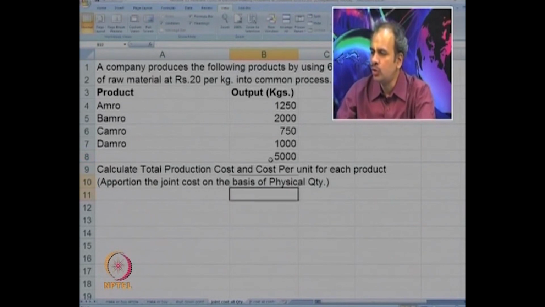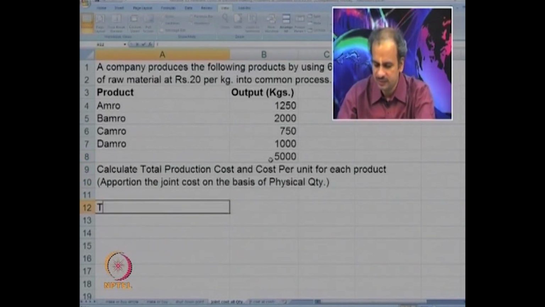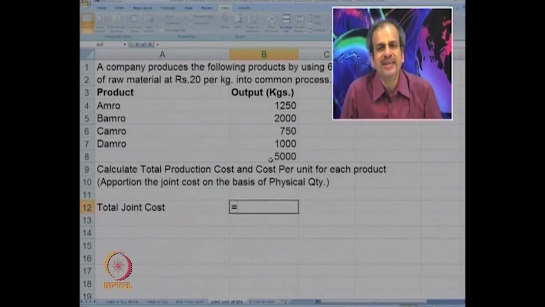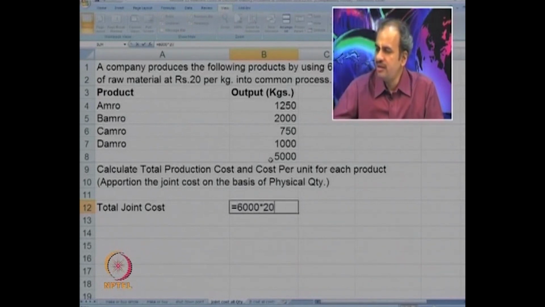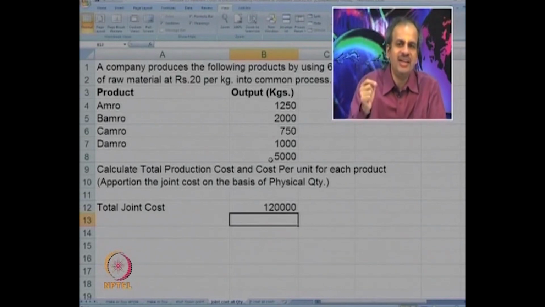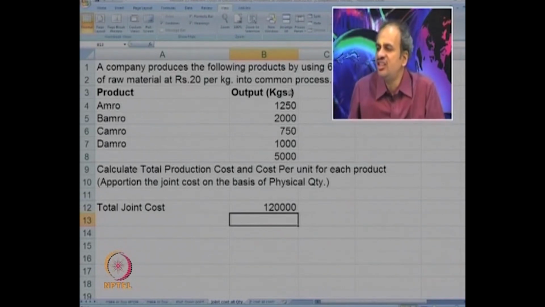So how much is the total RM cost? We will say it's a joint cost. So it is 6,000 into 20, or 5,000 into 20? It is 6,000 into 20 because the cost will be incurred on all the units, and now this cost of 1,20,000 should be charged in the ratio of output.